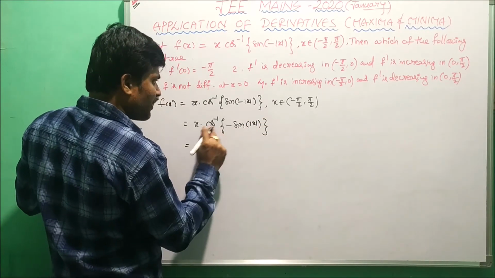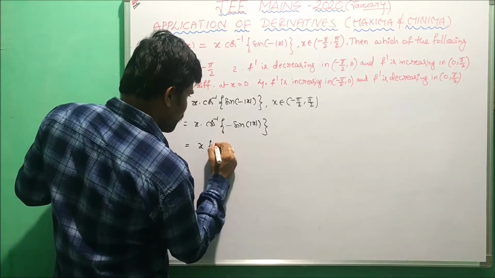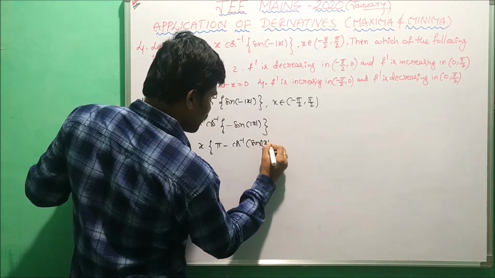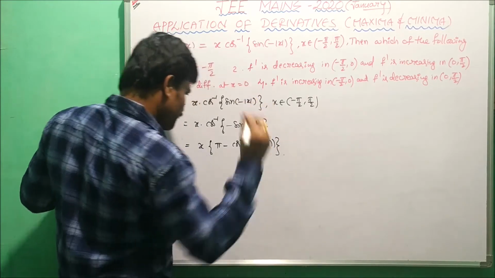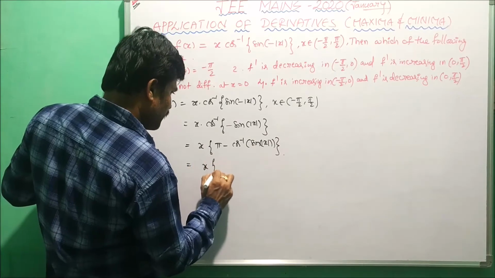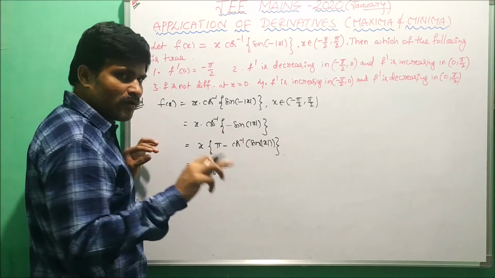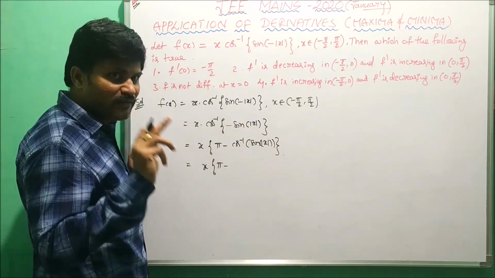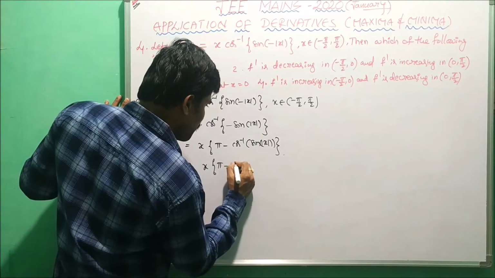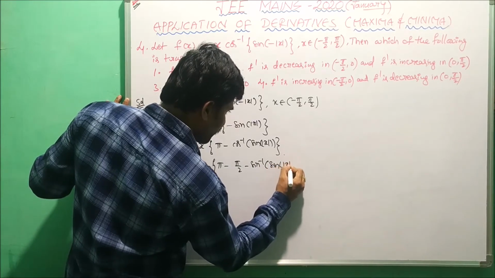Also we write cos inverse of minus x, that can be written as pi minus cos inverse of sine mod x. That equals to, here we observe x into pi minus, already we know one result from inverse trigonometry, cos inverse x plus sin inverse x equals pi by 2. Now using that result, pi by 2 minus sin inverse of sin mod x.